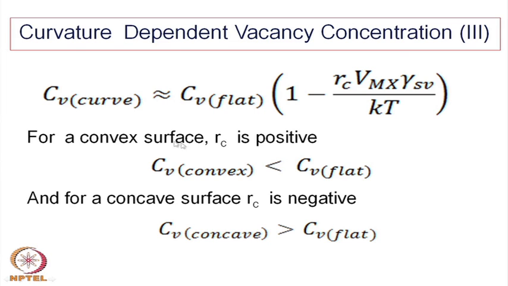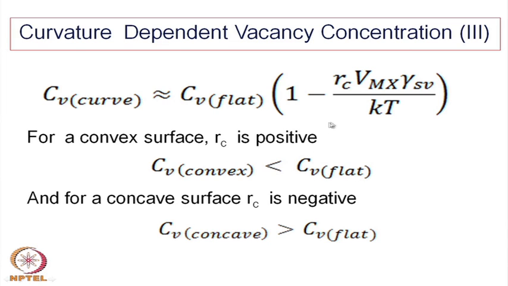One is RC positive, as you have seen in the case of the vapor pressure. If RC is positive, then the concentration of the vacancy on the convex surface is less than the concentration on a flat surface.